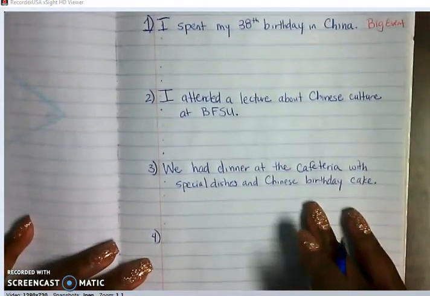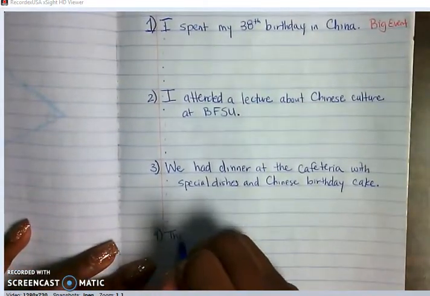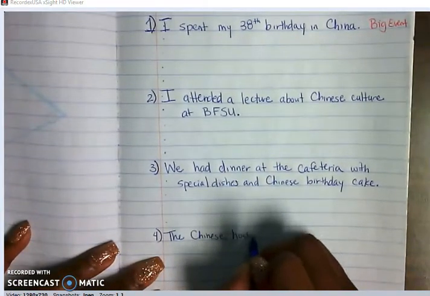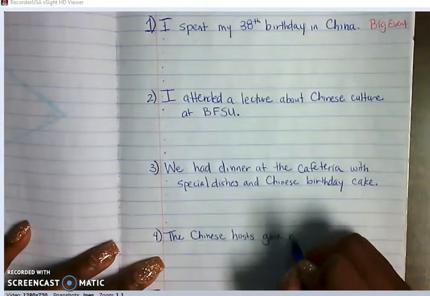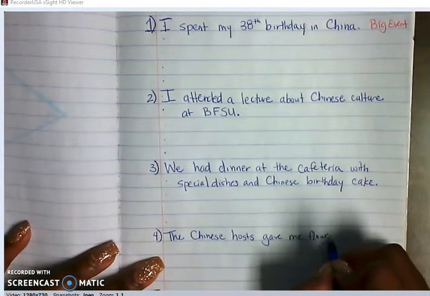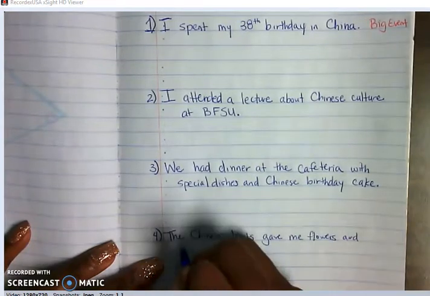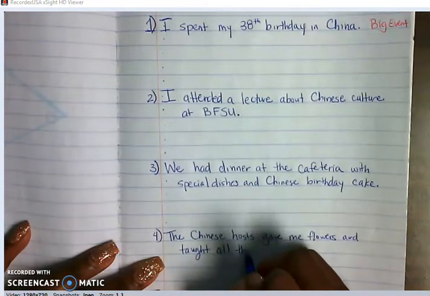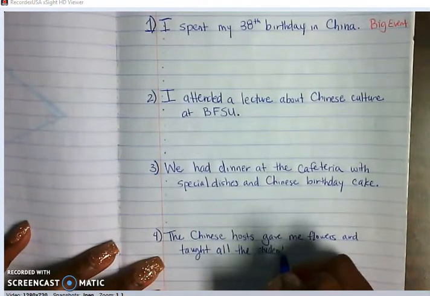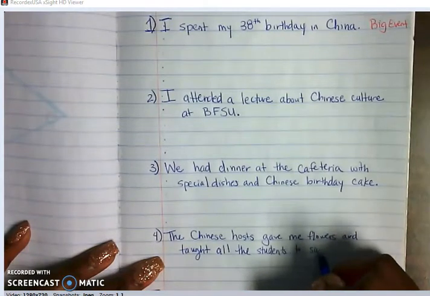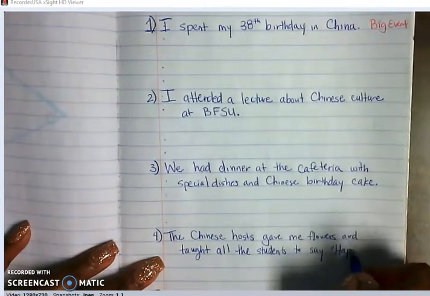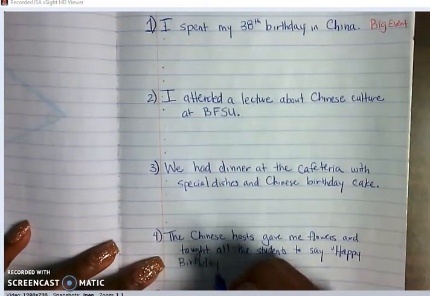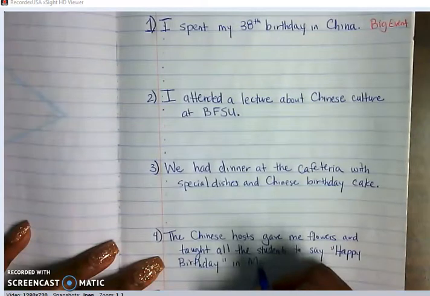And then after, the hosts gave me flowers and taught all the students to say happy birthday in Mandarin.